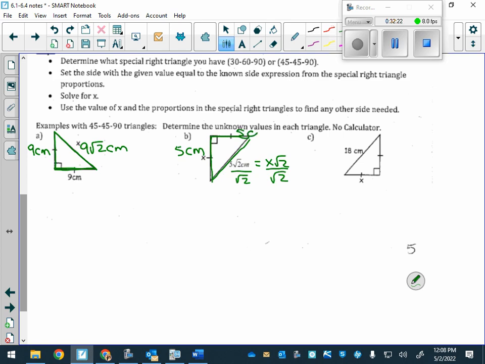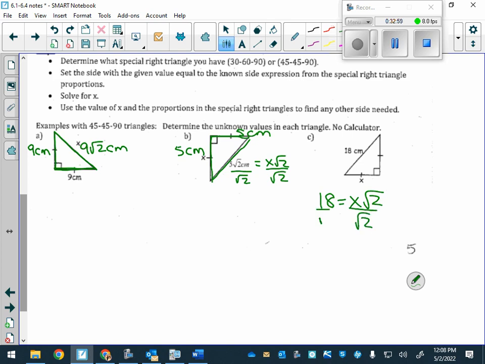Yes. The reason I'm showing you that is because if you look at C, we are given that our hypotenuse is 18. Since we're dealing with 45, 45, 90, we need to find our side length. So we take 18 equals x root 2. Since we need to solve for x, what do we have to do here? John?